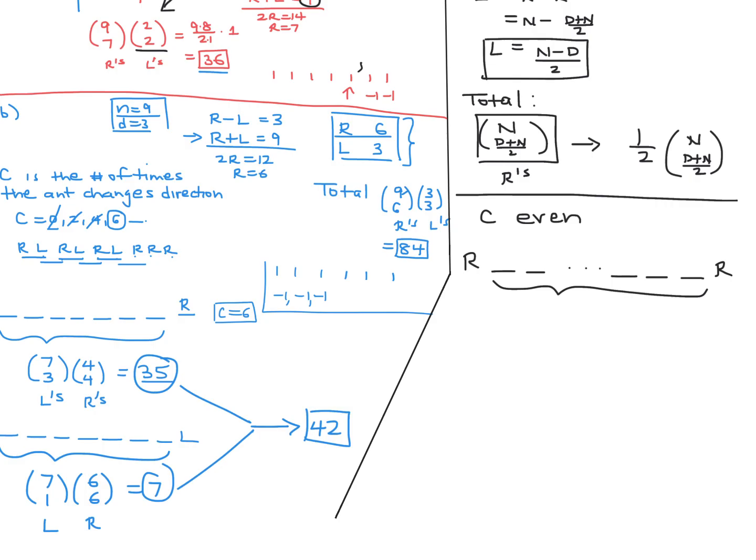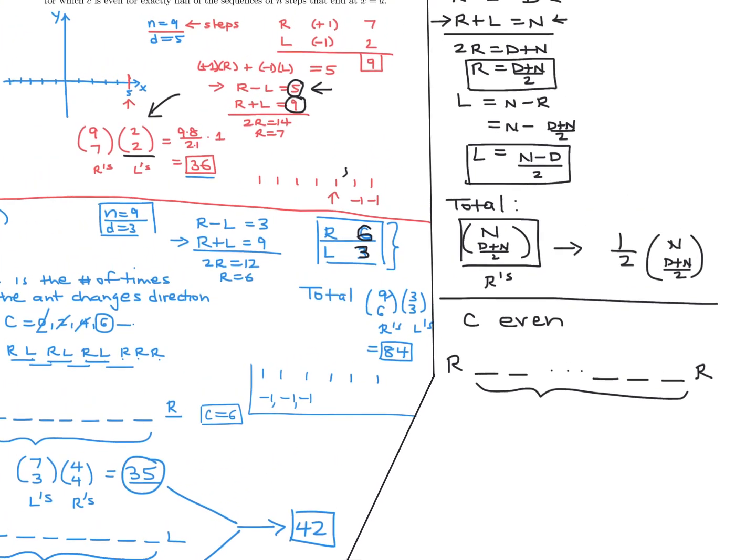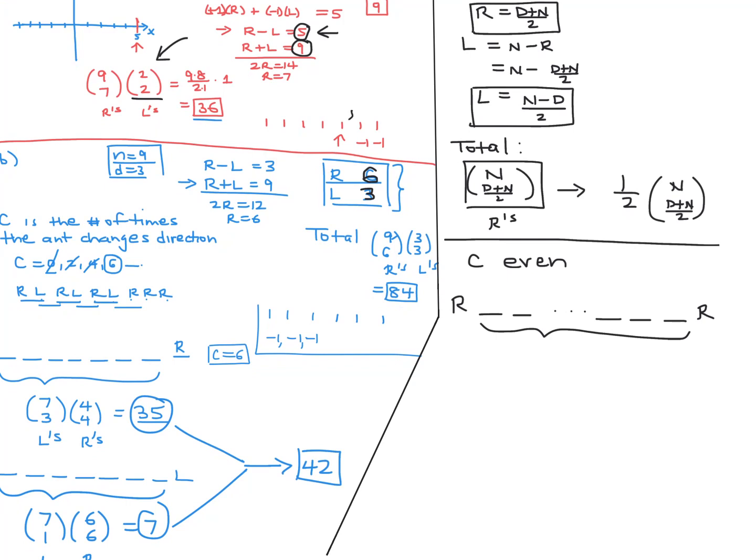So this time, before, R we calculated as 6 and L was 3, that kind of thing, right? But we have no actual numbers this time. So we have to use n's and d's. So what was it again? We have it here. R was d plus n over 2, and L is n minus d over 2. So just like before, if we've lined up all the R's like that, with one R at the very beginning and one at the very end, then how many do we have left? Well, we have the total number minus those two.